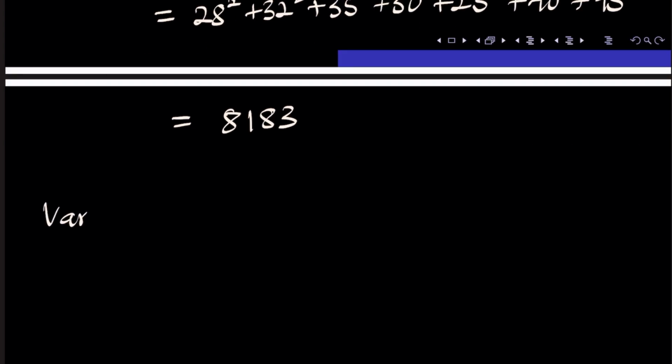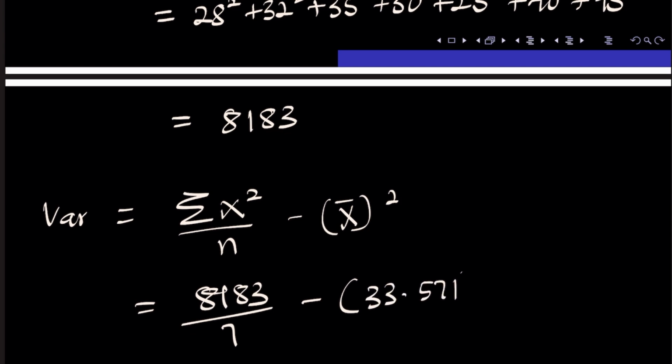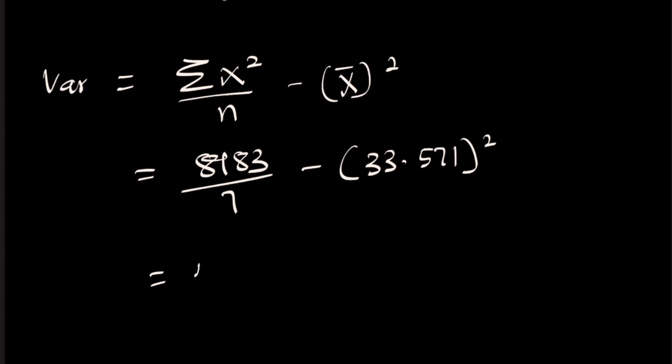And so the variance will be summation x squared on n minus mean all squared. That's 8183 on 7, because n is 7, minus the mean, which is 33.571 squared. Computing this, we are going to have 41.988 units squared.